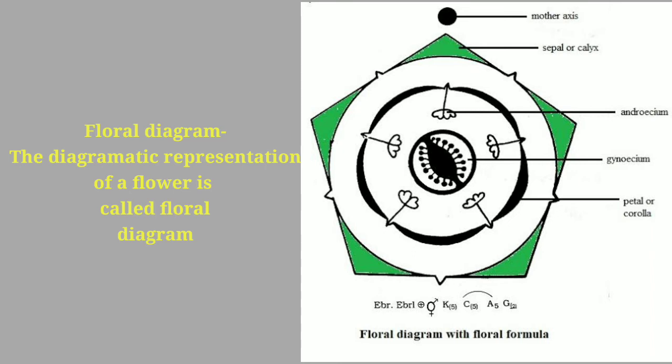And as the floral formula depicted that it is gamosepalous, these parts of the sepals are joined with each other, which gives the representation of the gamosepalous nature of the flower. So that is the first whorl.